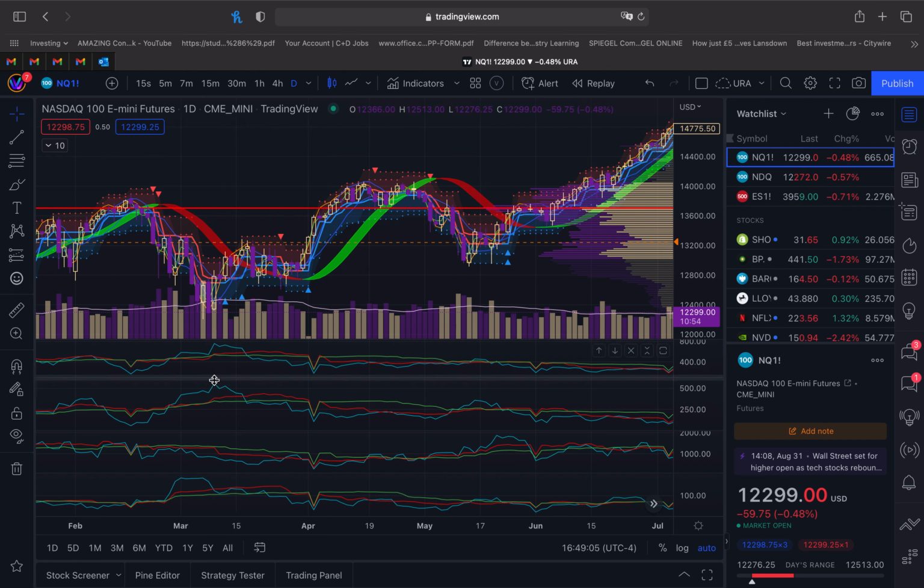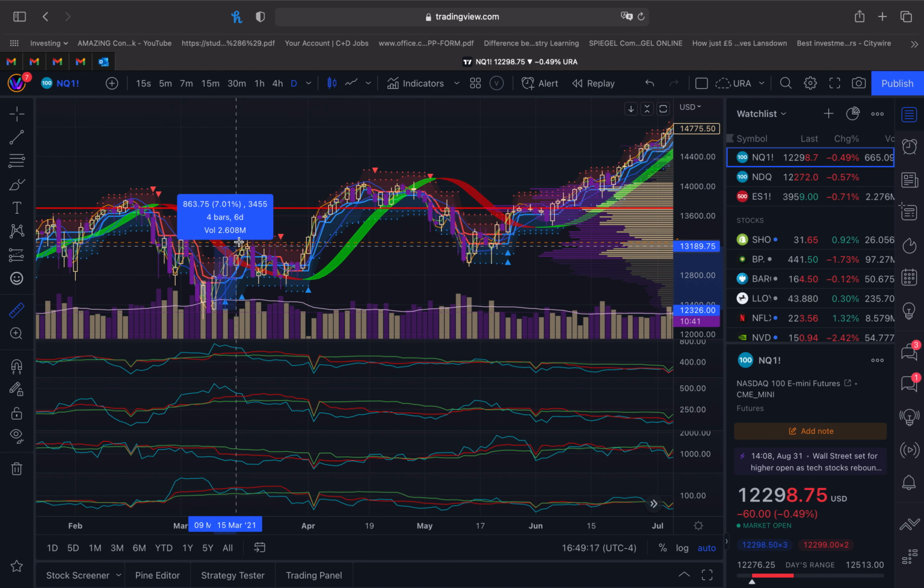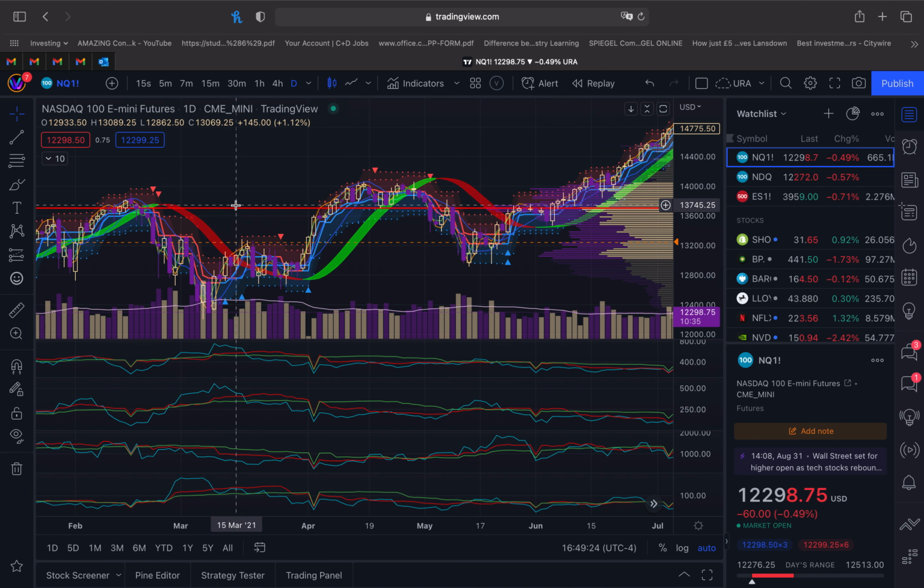Same thing here, flatlined, 5 days of bid. On a move like that, you've got a 700-point move. Make sense?